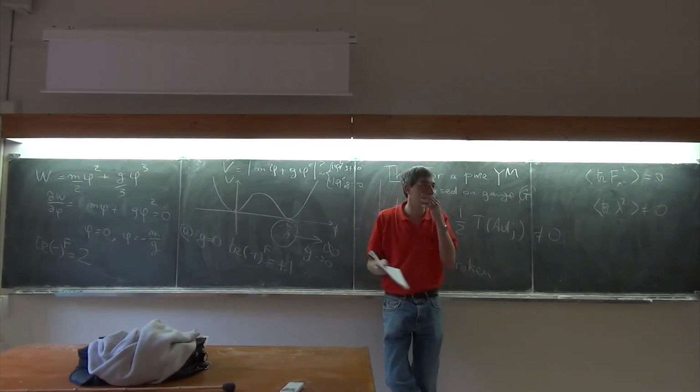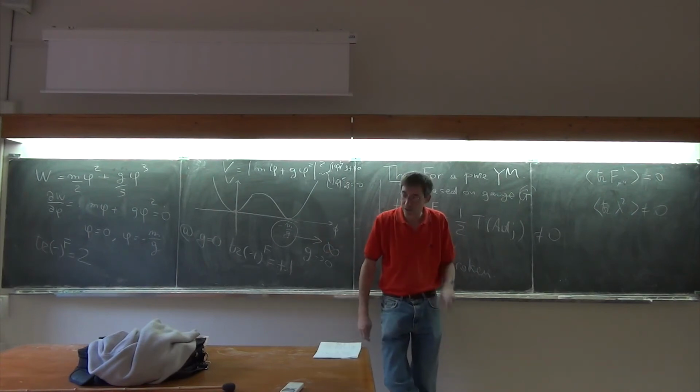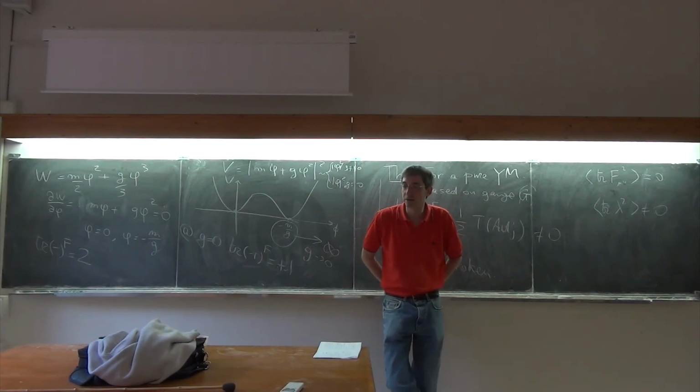This is exactly the same thing that happens in the standard model, where you cannot give a mass to the quarks and the leptons because they do not transform in the same representation of the gauge group.